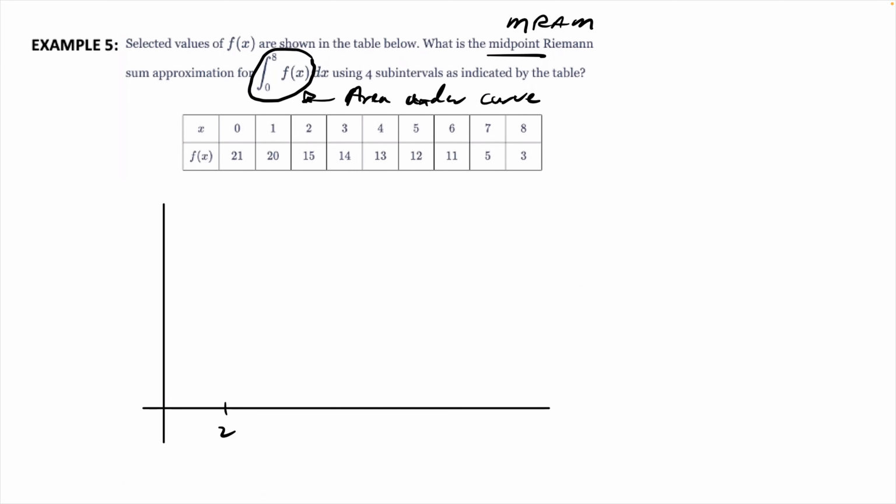All right, so 2, 4, 6, 8. And then looks like the y's go up to 21.